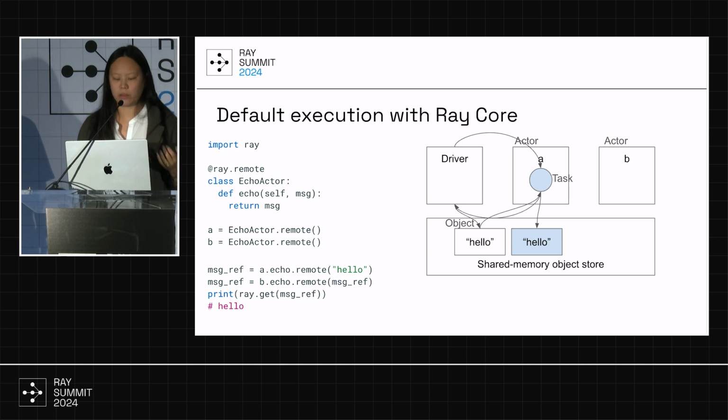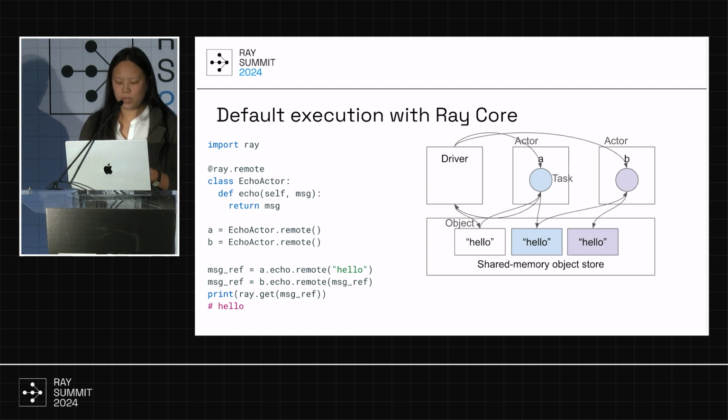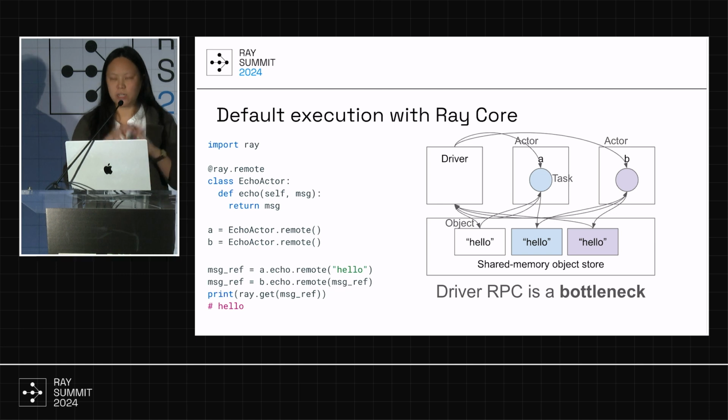We return the reference to the driver, which can then pass it to actor B, and so on. You can see here that there are quite a few different arrows moving back and forth in this picture, and that's only considering the ones on the critical path of execution. So you can see very clearly here that the RPCs, especially to the driver, can become a bottleneck.